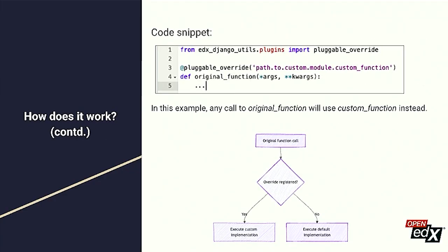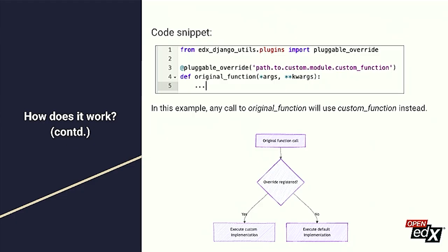Here's an example code snippet and the flowchart to explain it visually. As you can see, this original function is overridden using the pluggable override decorator. In this example, any call to the original function will use its custom implementation instead.